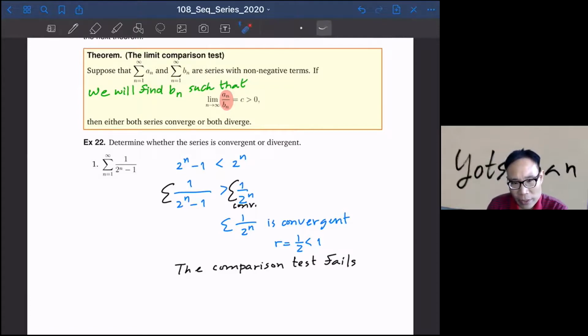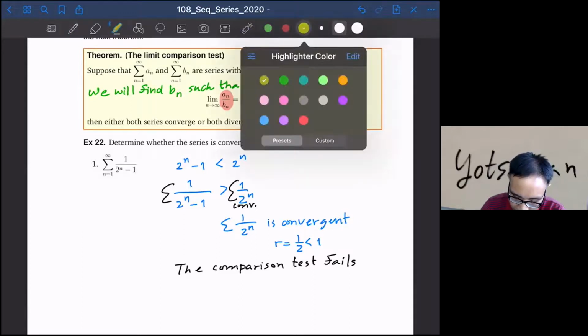How is this one easier than the previous one? It comes from the thing that you need to do. It's not going to involve inequality, and it's going to involve only the structure of the function. So I'm going to tell you about the trick for finding Bn.